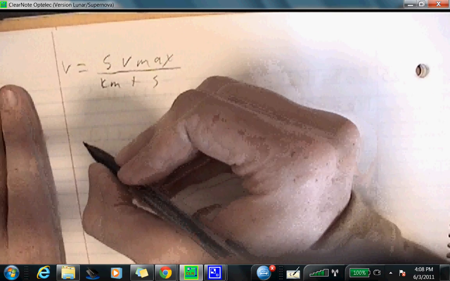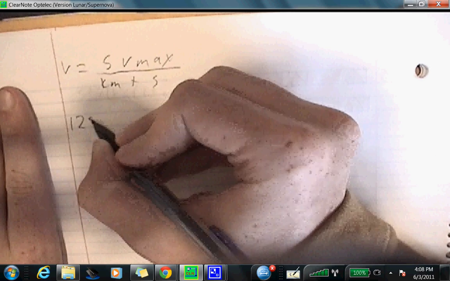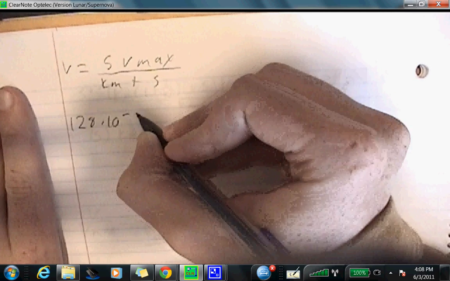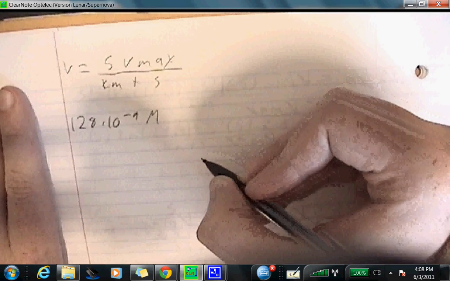So that velocity is 128 times 10 to the negative 9th moles. You want to make sure that everything is in the same molarity.